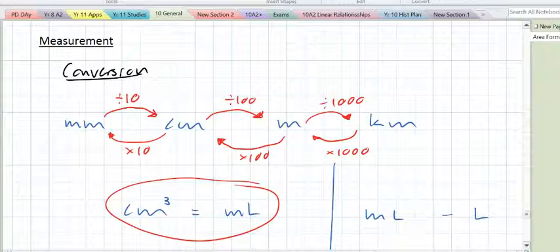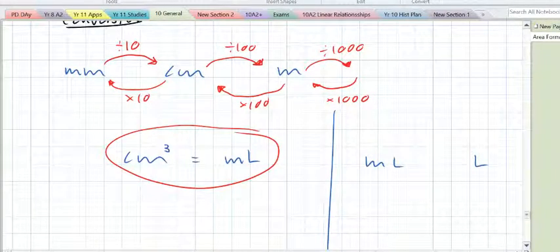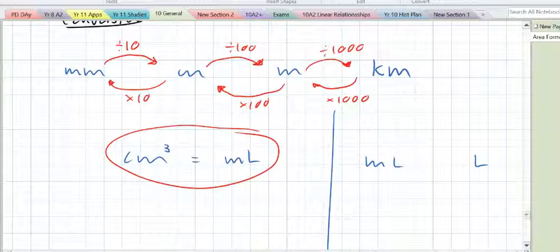Where's the unit cm? It's centimeters. Alright. And when we go from milliliters to litres, we divide by 1,000. Litres to milliliters, we times by 1,000.